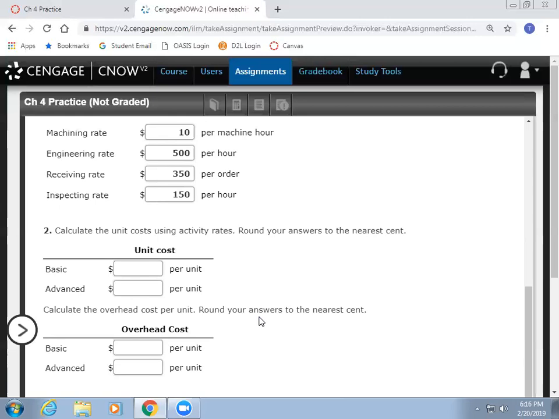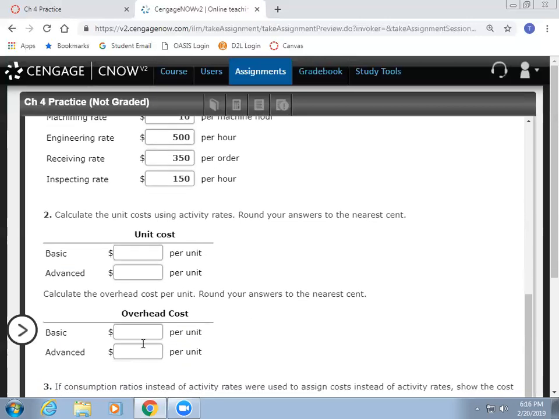Okay. So on part 2, like down here, it's going to ask us per unit. Well, they told us how many units. We produced 100,000 basic units. So to get our cost of overhead per unit, you would just divide that by 100,000 units. So our overhead per unit on just the basic is what, $14.60?